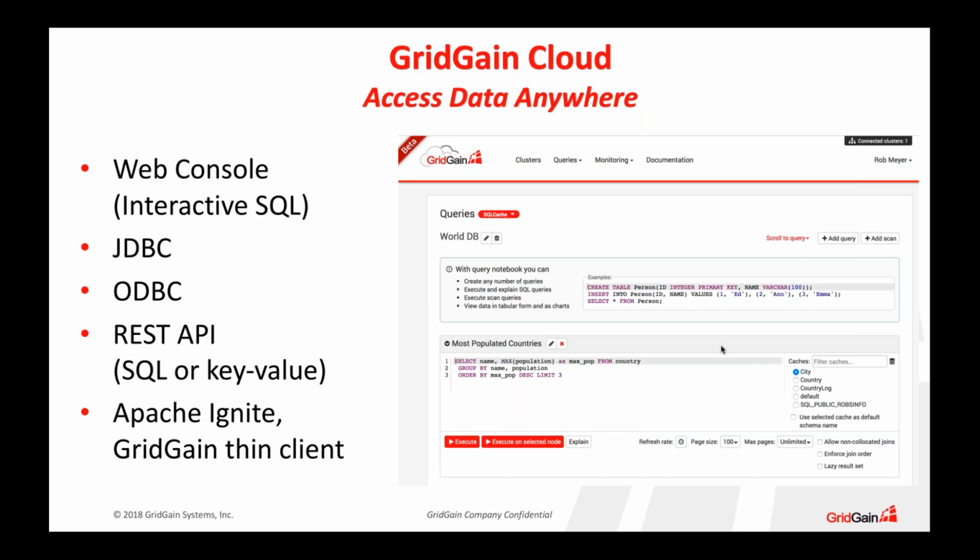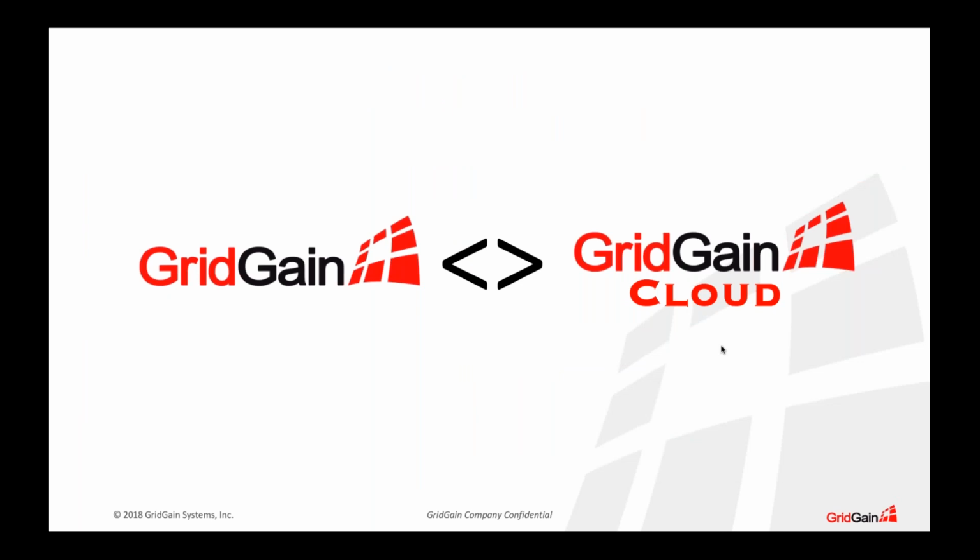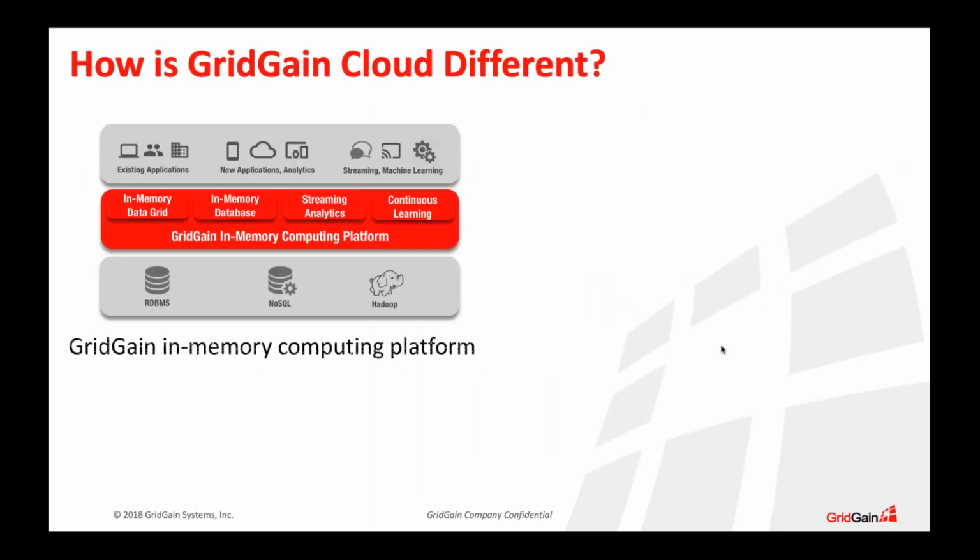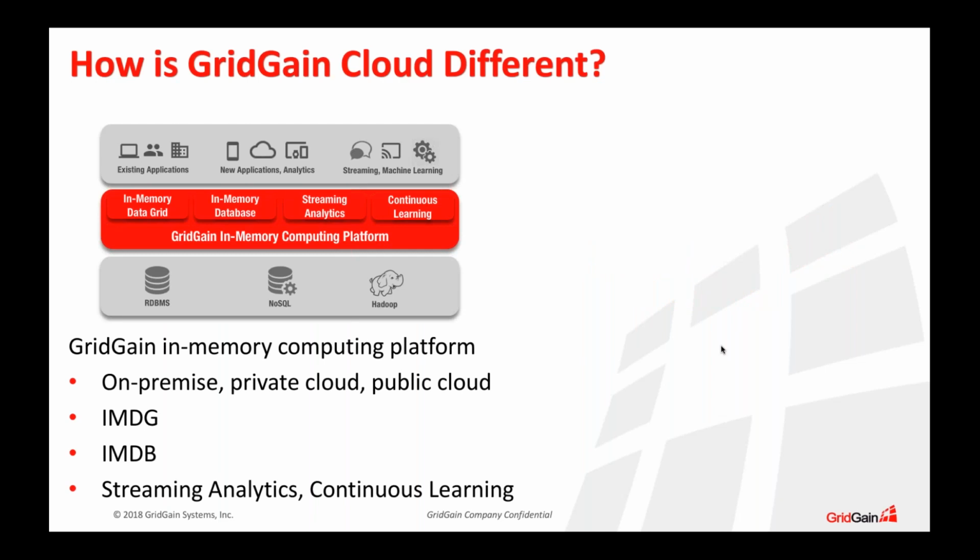Now, that said, as you will soon see, GridGain in the cloud is not the same as GridGain Cloud. These are different use cases. What I mean by that is if you're used to Apache Ignite or you're used to GridGain, you know that you can use it as an in-memory data grid, on top of existing databases like a relational database or Mongo or Cassandra.